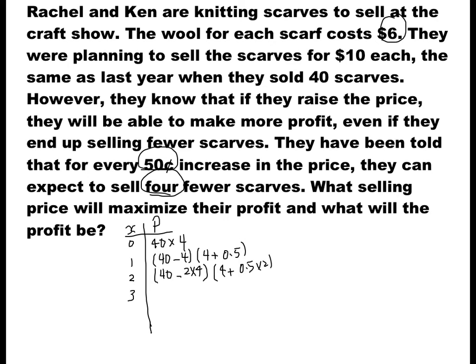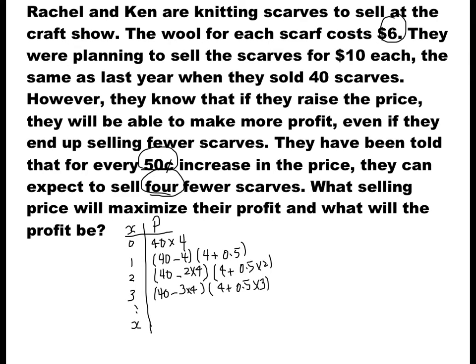If x is 3, then again the same pattern: 40 minus 3 times 4, and the profit is 4 plus 0.5 times 3, and so forth. Let's say x is x.